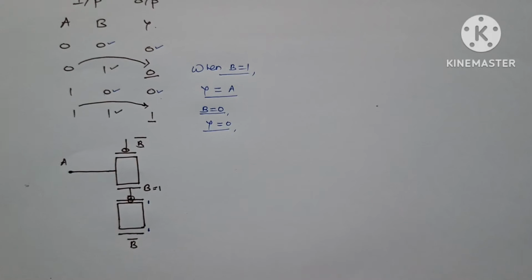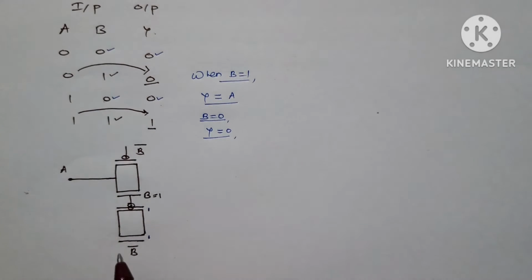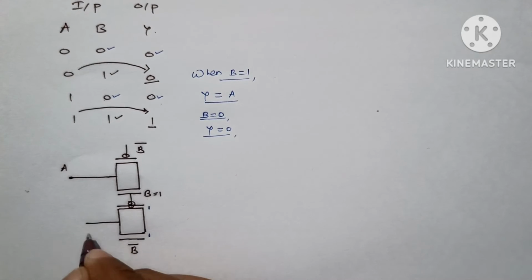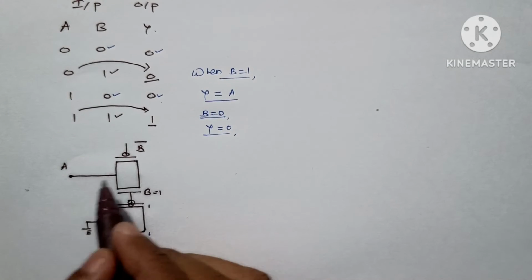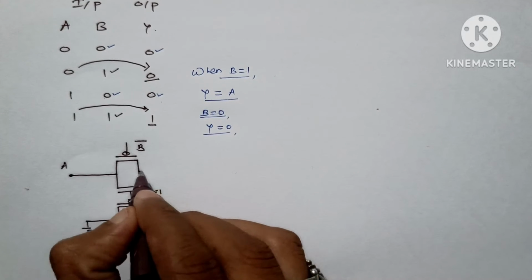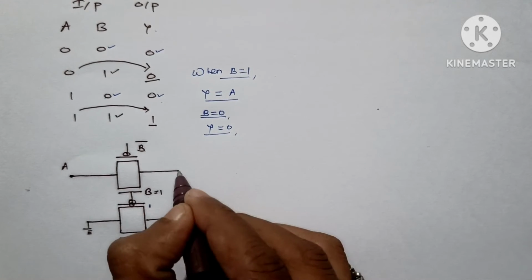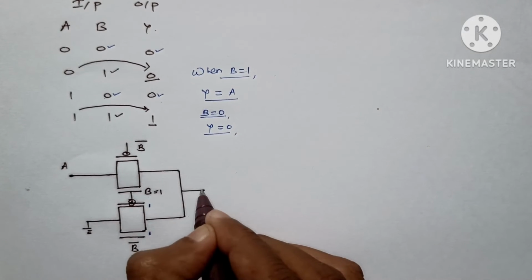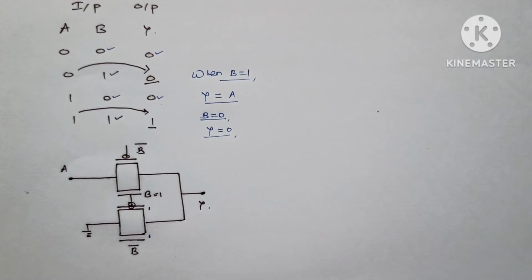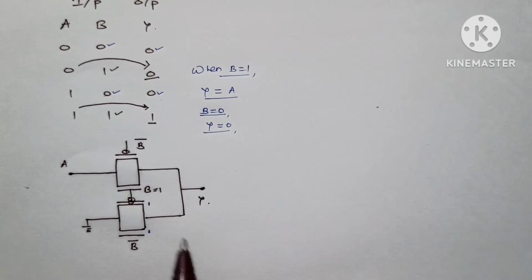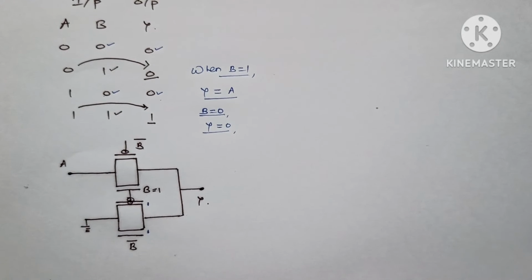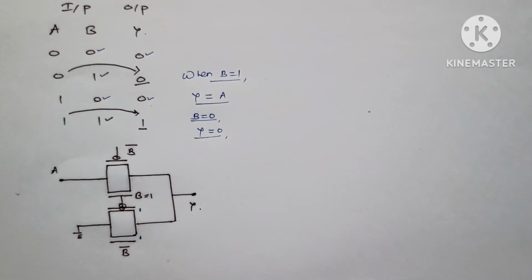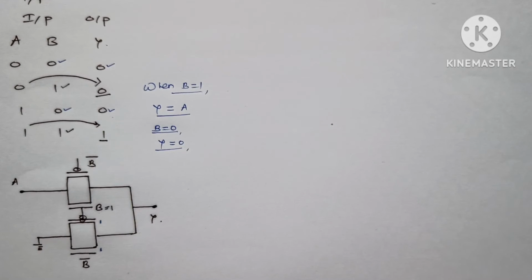So we can connect this transistor with the input as ground. When this is turned on, your output will be 0. If the other is turned on, output will be A. And these two will connect to the output terminal Y. So this circuit shows the implementation of the AND gate using the transmission gate. I hope you understood, and let us use the same concept for the remaining gates.